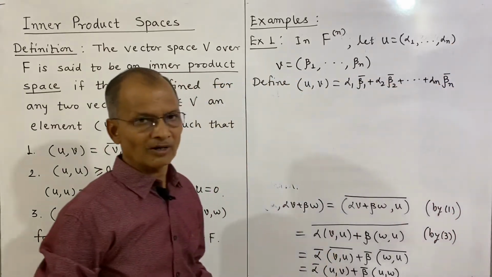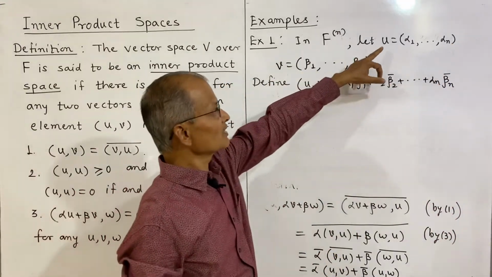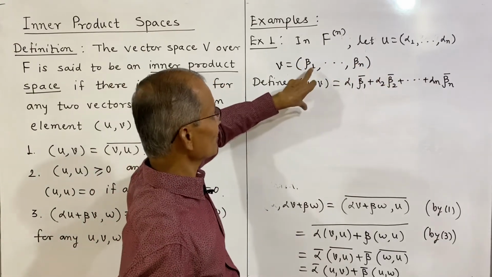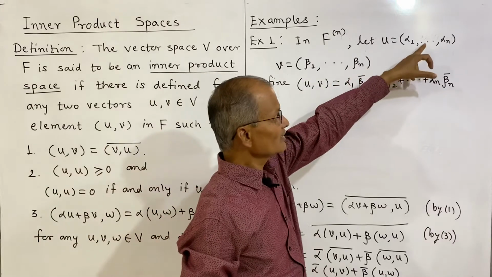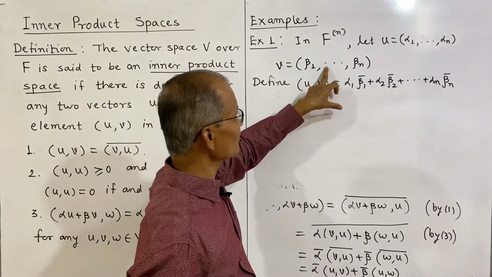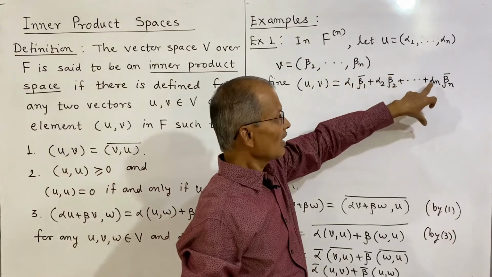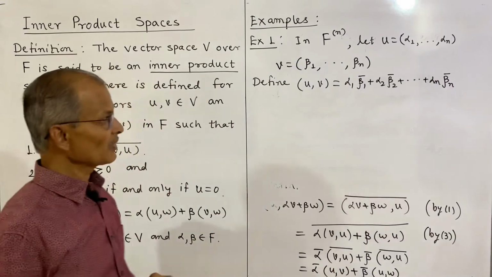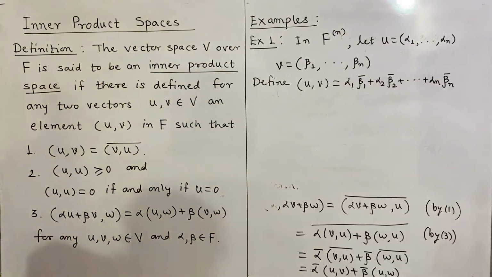See how the product is defined. The inner product between u and v is alpha 1 conjugate of beta 1, the second component will be alpha 2 conjugate of beta 2, plus so on, and the last term is plus alpha n conjugate of beta n. So that is how the inner product is defined.